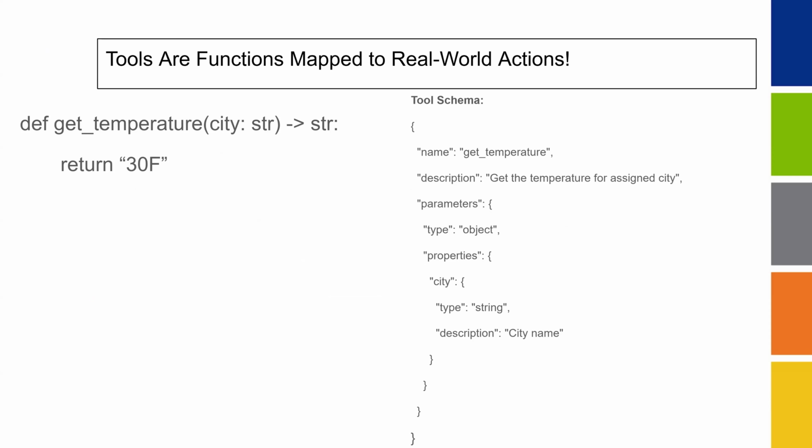So this is like a typical tool schema as to how it would look. We will be going through the lab in which we'll code a few of these, so you would have a better understanding. So tools are functions mapped to real world actions.